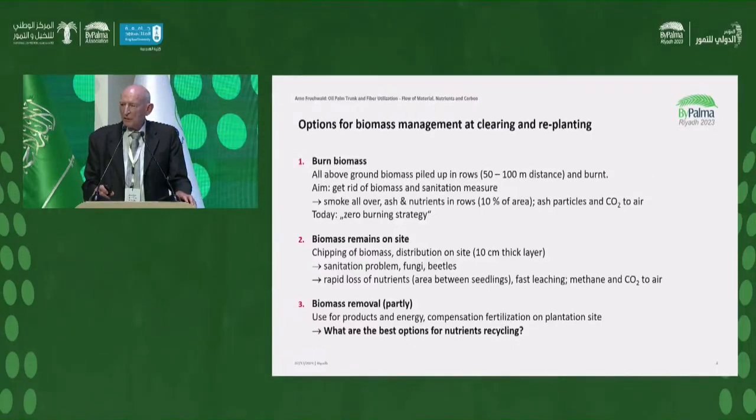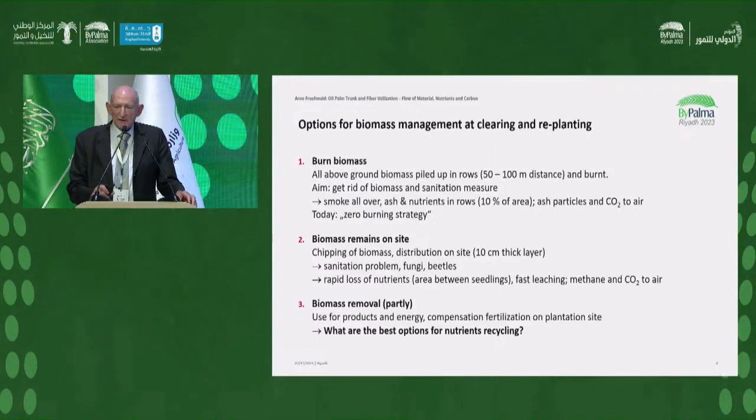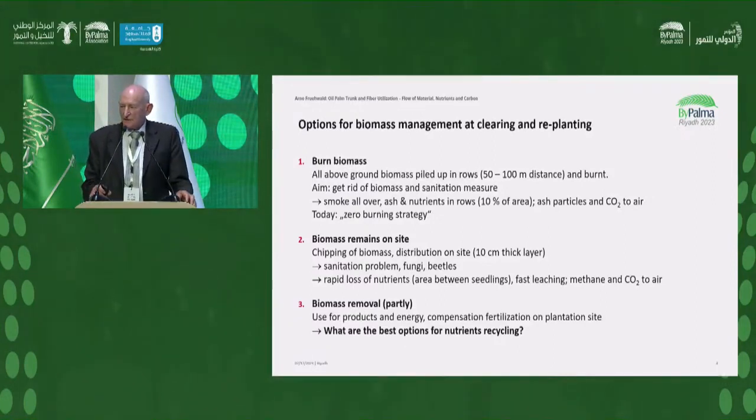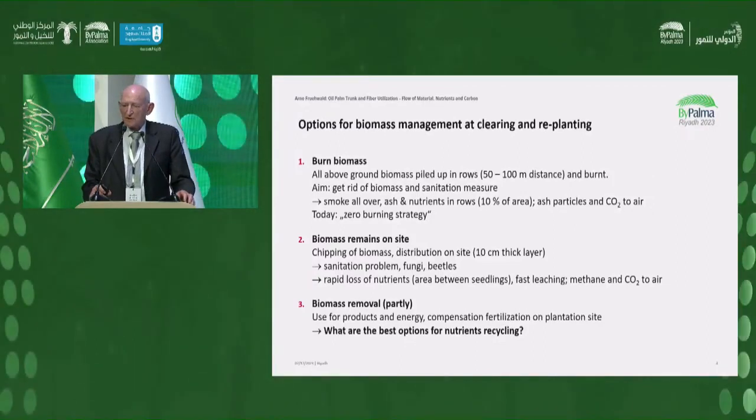Traditionally, oil palm biomass at the time of clearing is burned to get rid of it and to sanitize the plantation area. So it's piled together in rows, 100-meter distance, and with the help of diesel, it is burned, and Southeast Asia was dark at the end of the dry season because of the smoke.